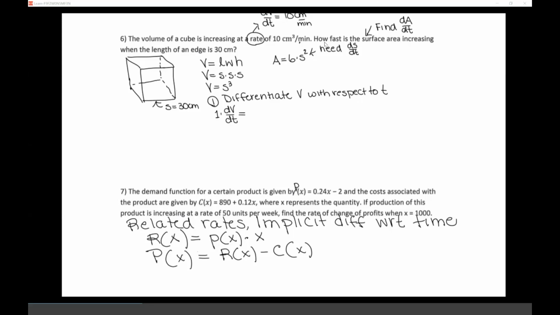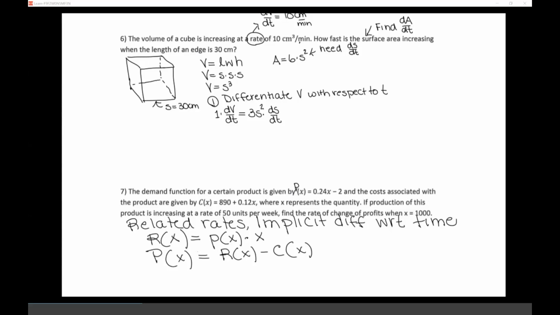Now I have to differentiate s with respect to time. So I differentiate the outside, that gives me 3s squared. And then I differentiate the inside function, which is a function that's written in terms of t that I can't see. That's ds dt. So I've used the chain rule on the left, the chain rule on the right.